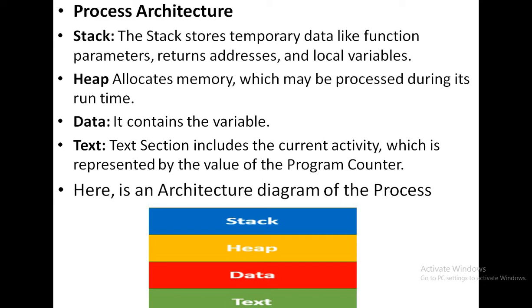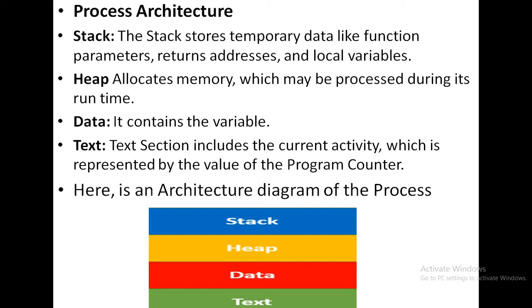Next is the diagrammatic representation of the process architecture. The parts are stack, heap, data, and text. The stack stores the temporary data. The heap allocates the memory at the time of execution.